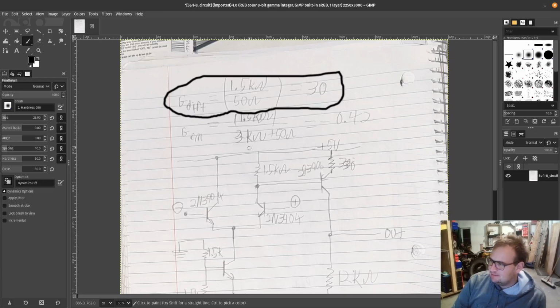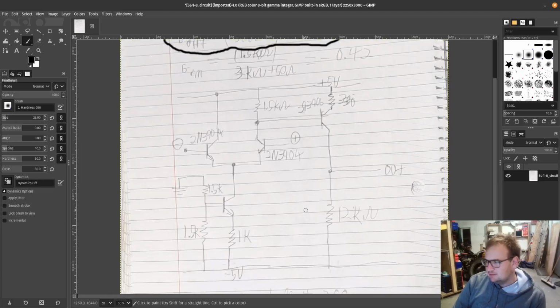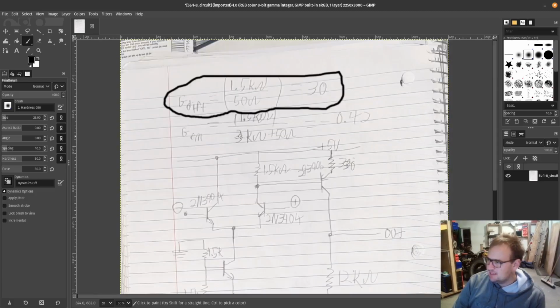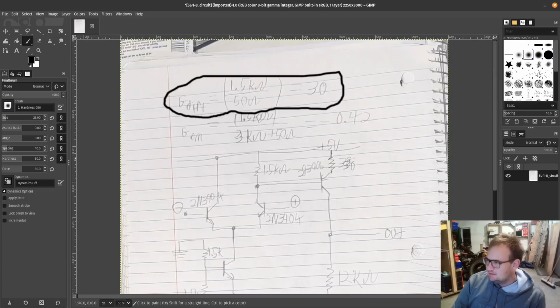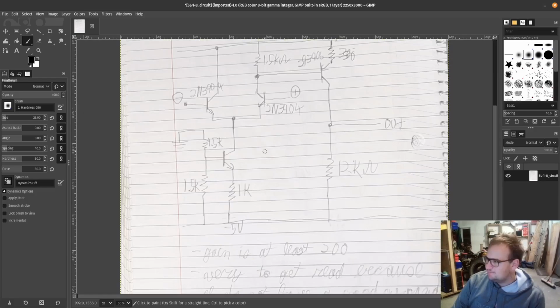And then same thing here, so 1.5 kilo ohms, 3 kilo ohms? I was just saying that it would be essentially the same as this. Not sure if that's right. Anyways, that's the common mode gain.